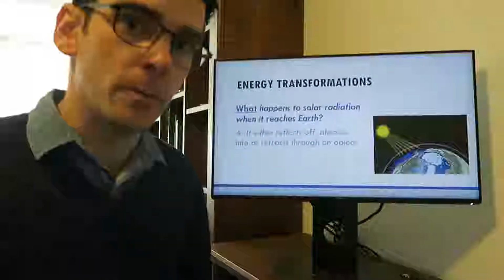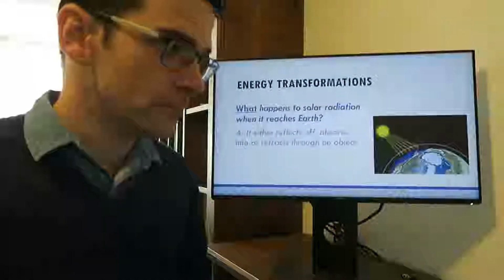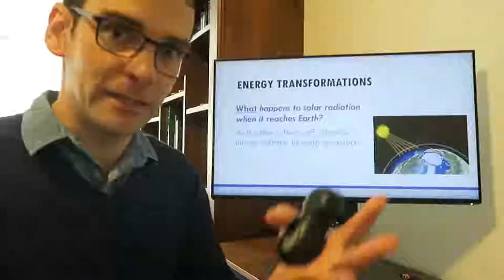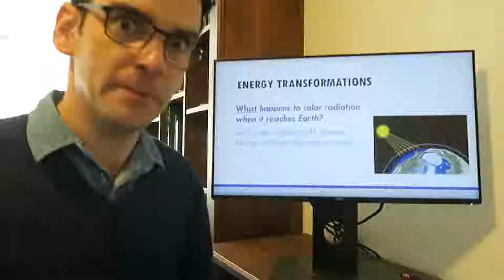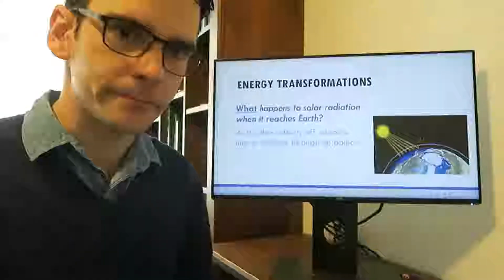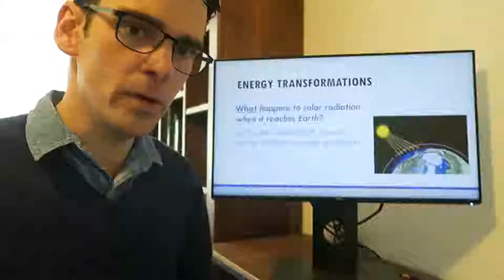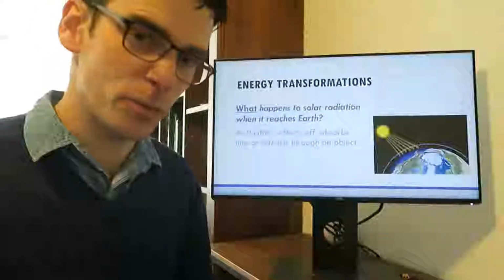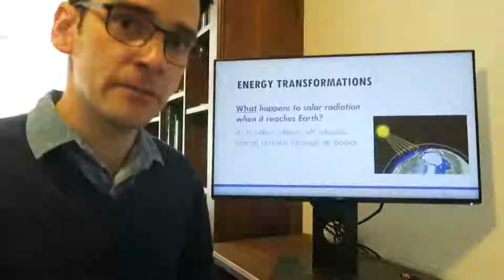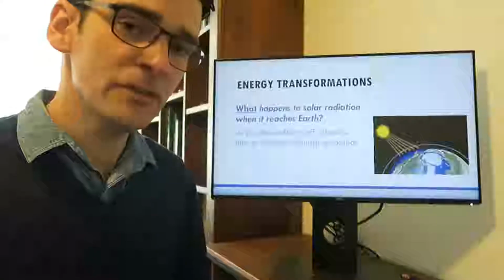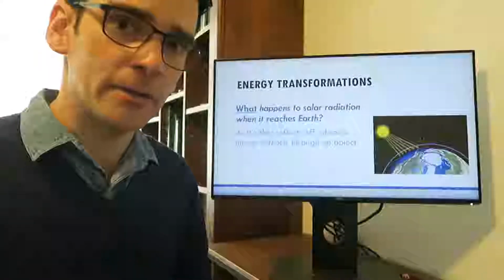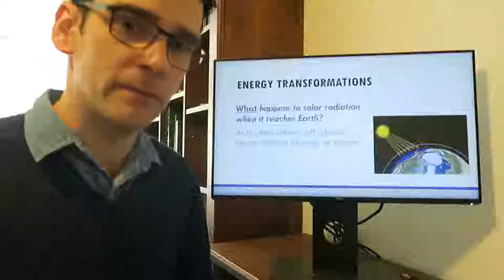You could absorb, or be completely subsumed by an object, so then you just kind of get trapped. Or thirdly, you could neither reflect nor get absorbed, you could kind of pass through it. And physicists refer to this passing through as refraction. So those are the three different ways light or solar radiation can interact with the Earth.